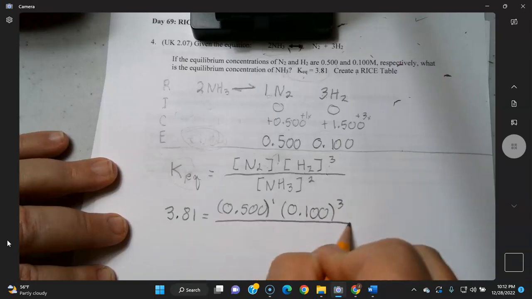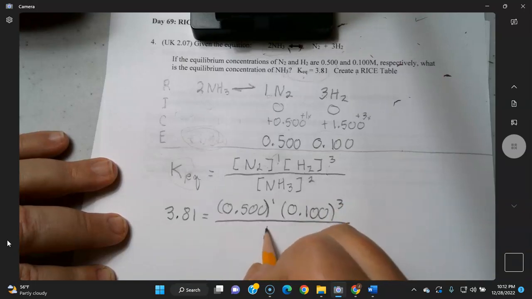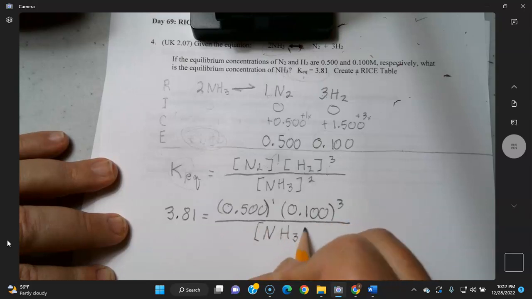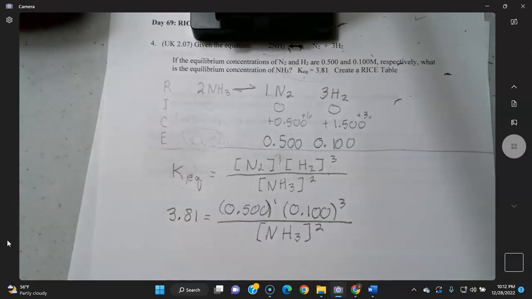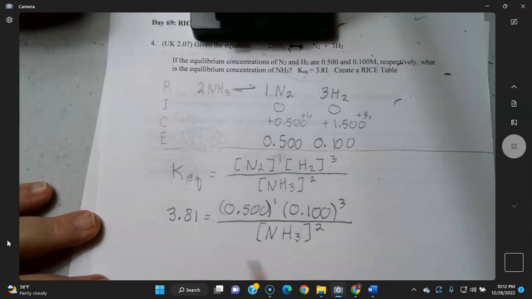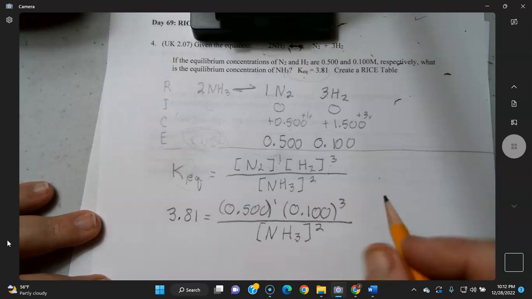And down on the bottom, we have NH3 concentration squared, and that's what we're trying to find out. Okay, so it's really more of a math problem than anything else. So what I'm first going to do, just do it step by step if the math is a little confusing for you. So first of all, we're going to start off. I'm going to multiply both sides by NH3 squared.